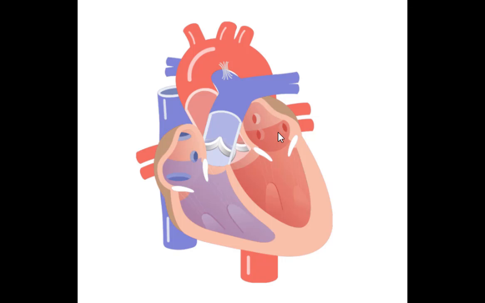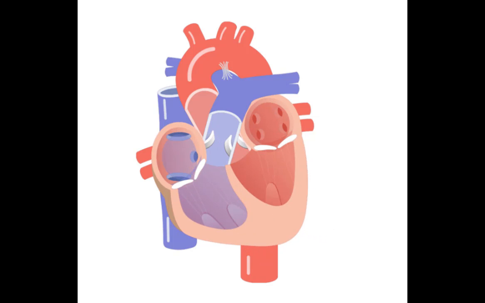At this point, atrial pressure is greater than ventricular pressure, so the AV valves are open. Following that, ventricular systole takes place, which is where the ventricles contract and force blood upwards and out into the arteries. At this point, ventricular pressure is greater than atrial pressure, so the AV valves close to prevent the backflow of blood.